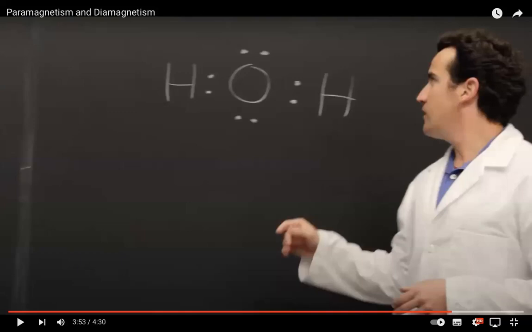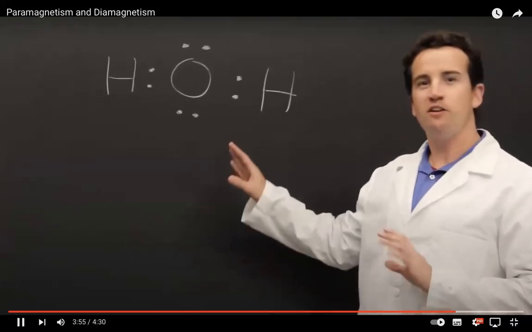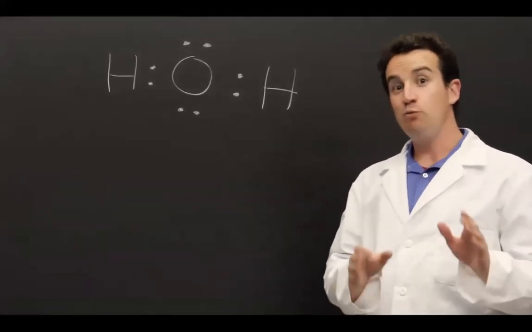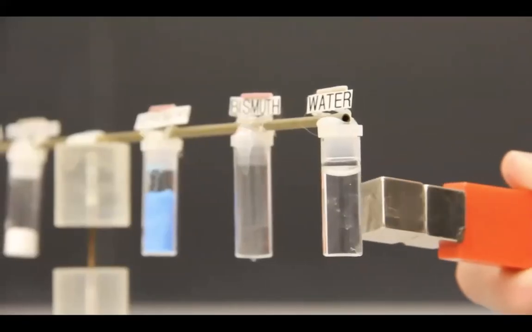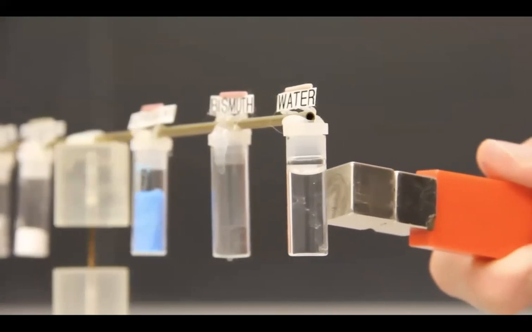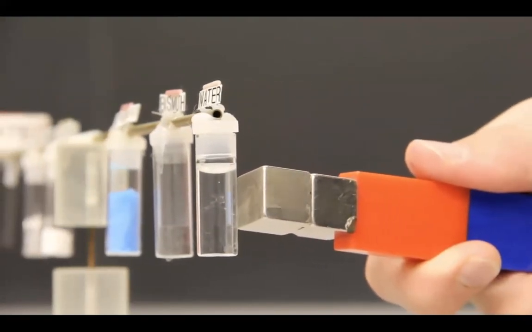In diamagnetic materials, you will never find unpaired electrons. All the electrons will be paired. It will not be magnetic. In fact, water is repelled by the magnetic field.